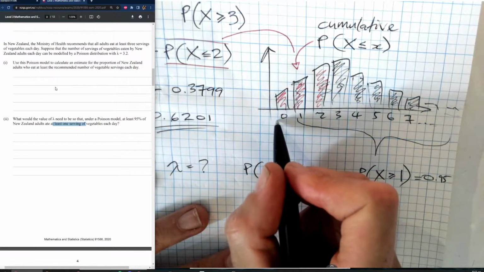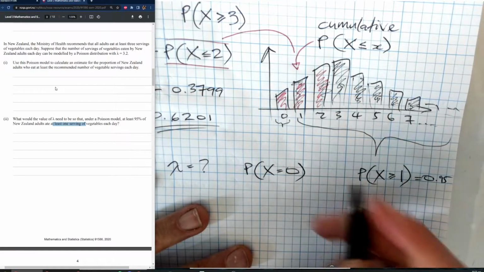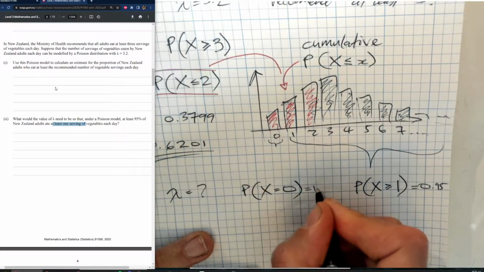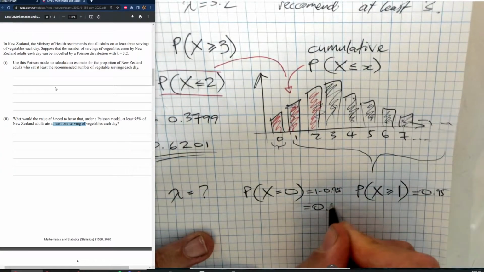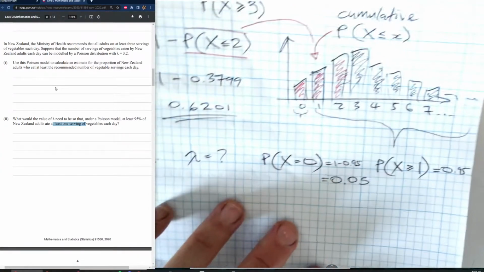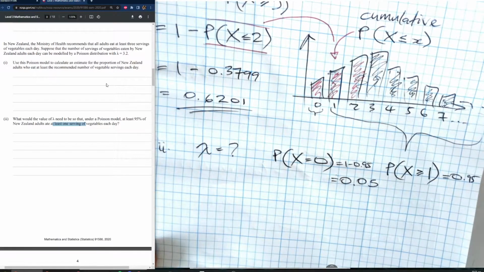Well, then whatever's left over is just going to be 1 minus that 0.95. So P(X = 0) is 1 minus 0.95, so that means it's 0.05. Okay, so we now know that the probability that x equals 0 is 0.05.